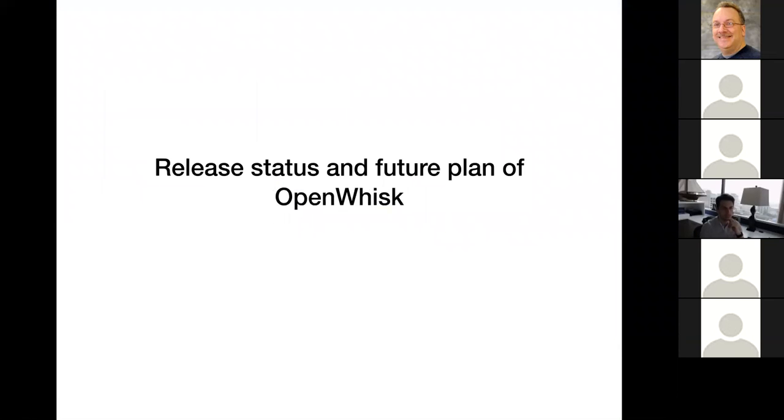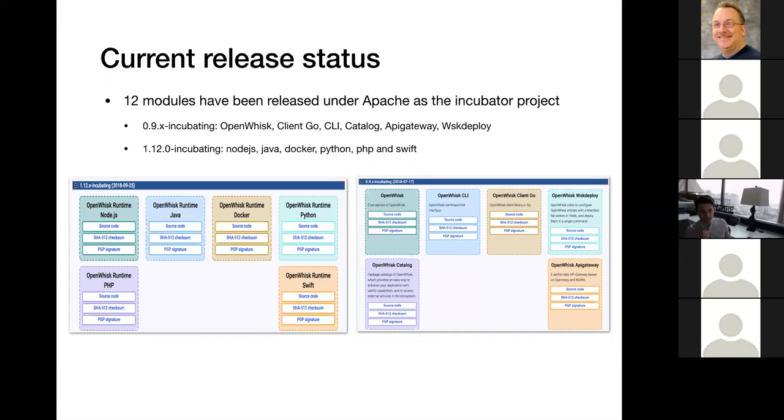So this is the current status and future plans regarding the release for our OpenWhisk project. Yesterday was a great and final day for the first release of OpenWhisk as an Apache incubator project.